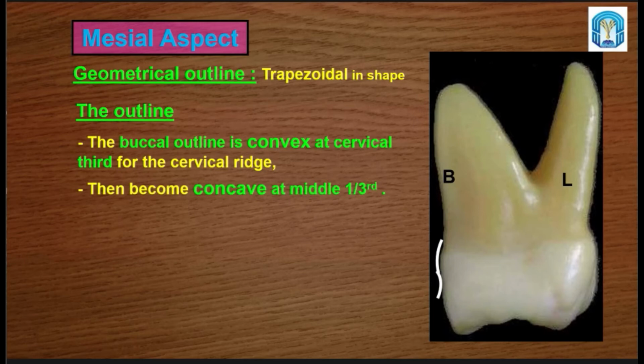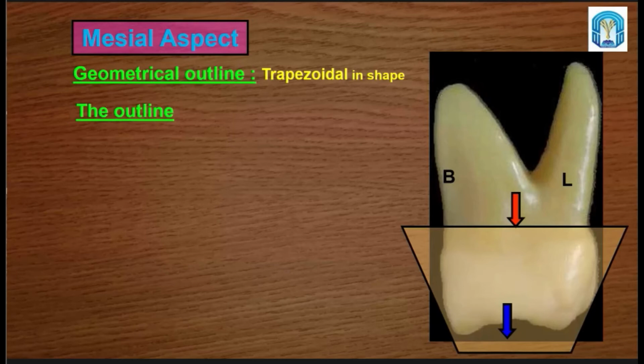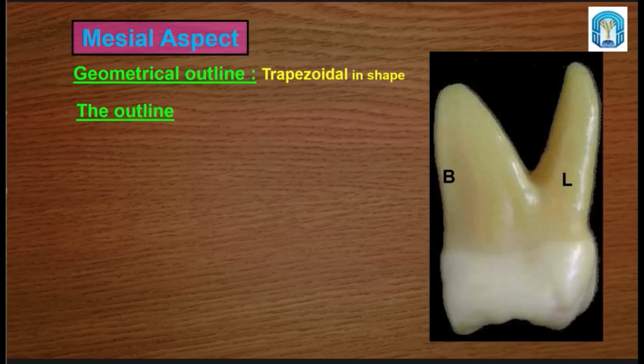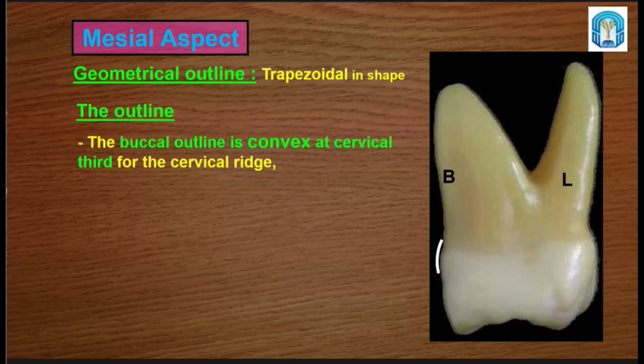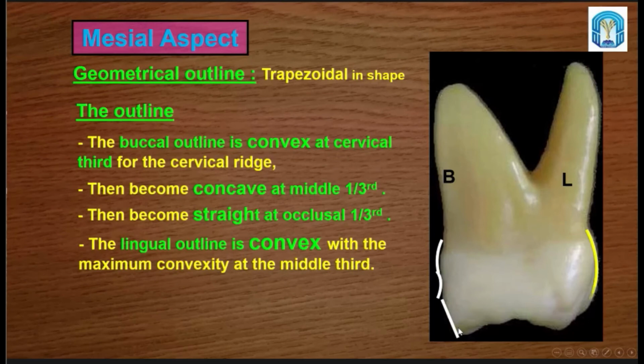The geometrical outline is trapezoidal. The buccal outline is convex at the cervical third for the cervical ridge, then becomes a little depressed or concave at the middle third, and then becomes straight at the occlusal third. So it is convex, concave, then a little bit straight on the buccal side.